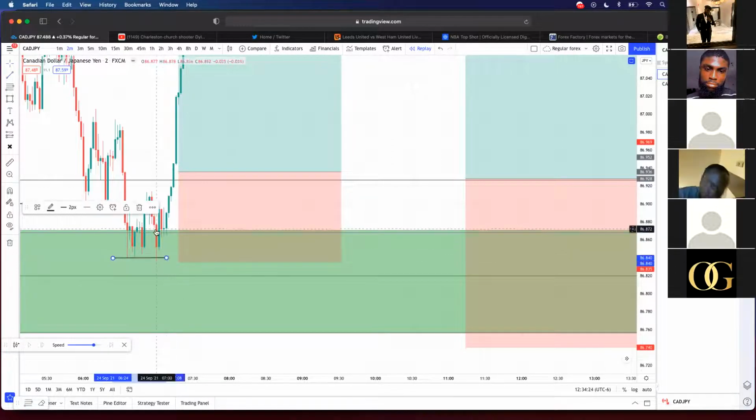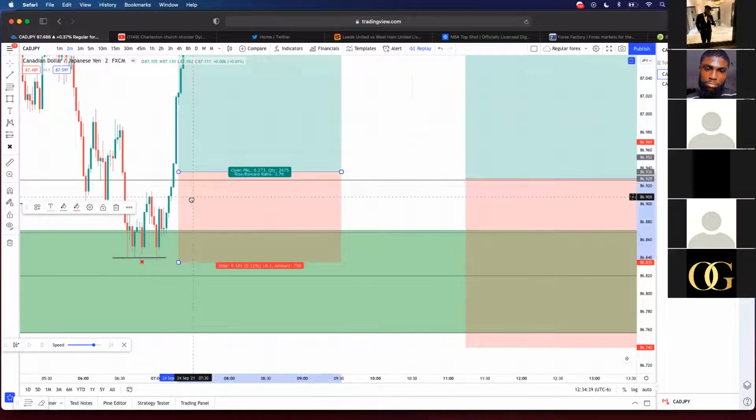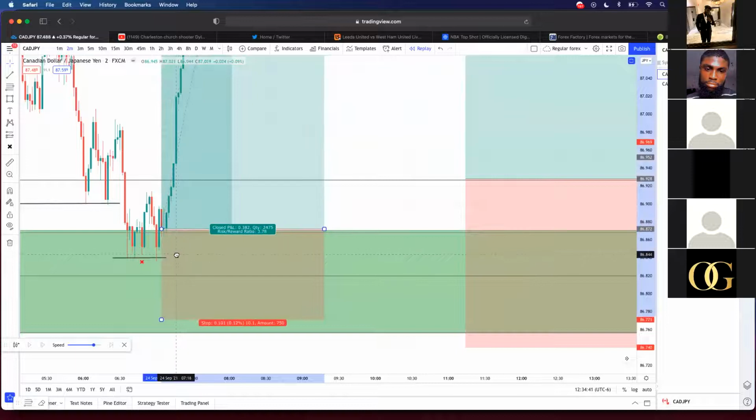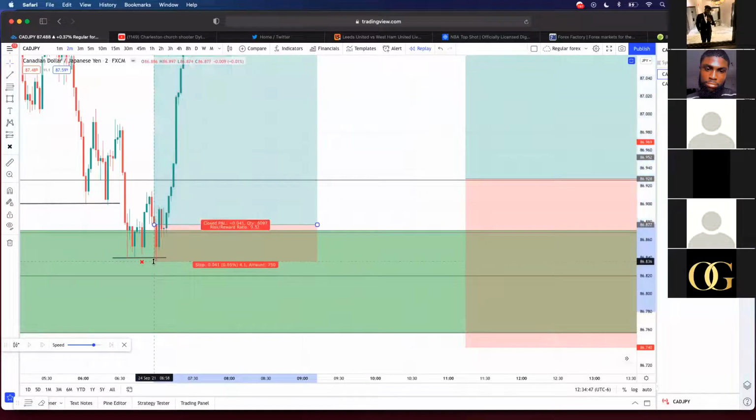This is when 7 o'clock opened, spiked down and took out liquidity, right? But what happened right on the next 2 minutes candle? We had a bullish engulfing candle. Once we had this bullish engulfing, entry could be right here at the opening of the candle that was engulfed, stop loss just below the lows.